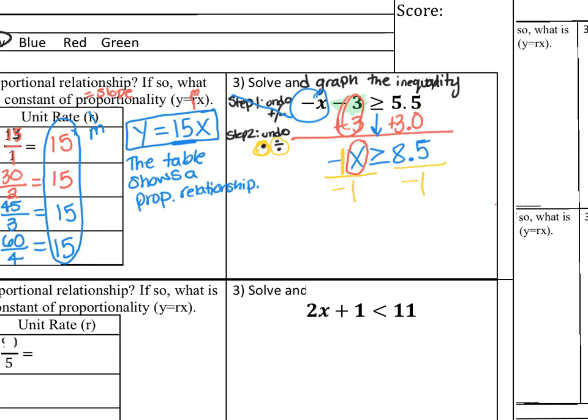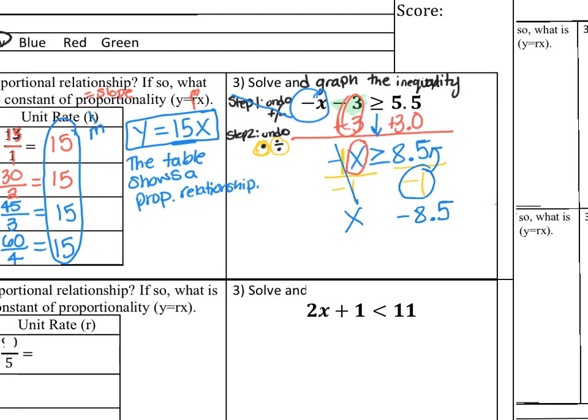Now when I divide, a negative divided by a negative is positive. So I'm left with just x. And then on the other side, I have a negative divided into a positive number. That makes that positive number negative. So now I have -8.5. Now some of you might remember this.